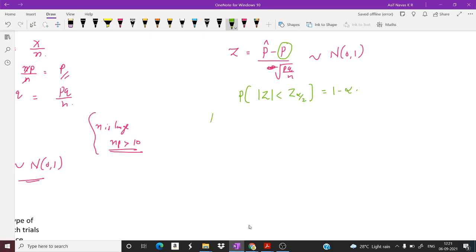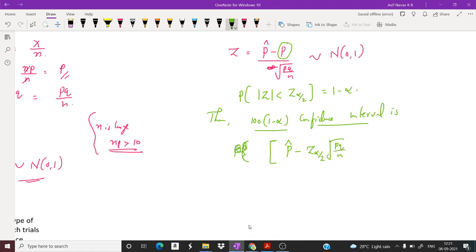Then, in general, the 100 times 1 minus alpha percent confidence interval is p bar minus z alpha by 2 times the standard deviation root pq by n, to p bar plus z alpha by 2 times root pq by n.